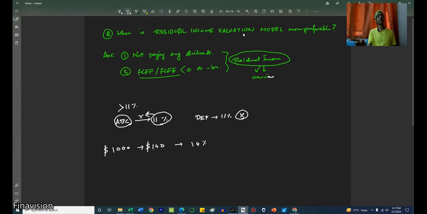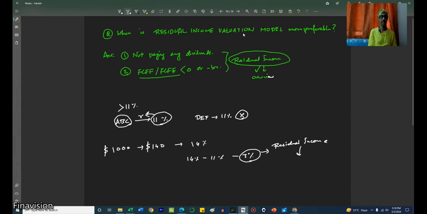You have foregone an investment of 11% to invest in ABC, and ABC has given you a 14% return. So your extra return is 14% minus 11%. So this is 3%. This 3% is basically your residual income.